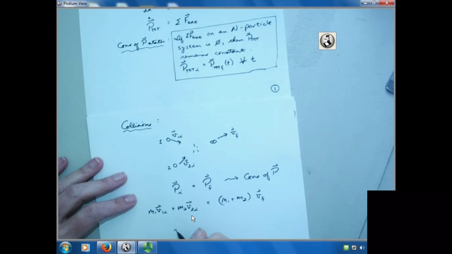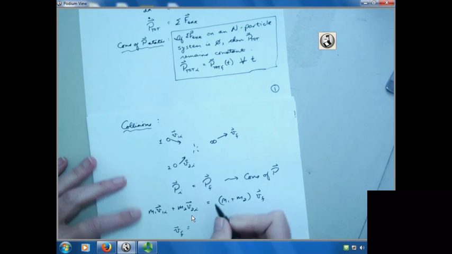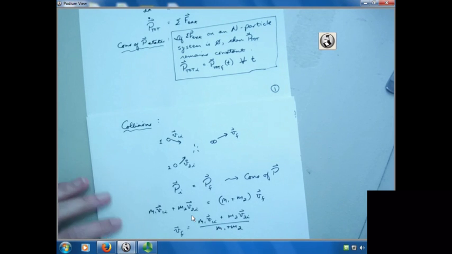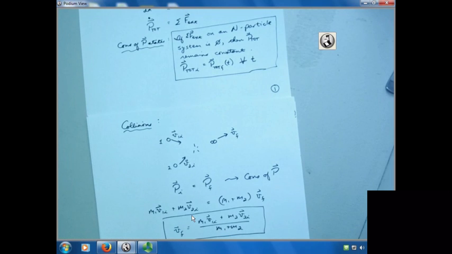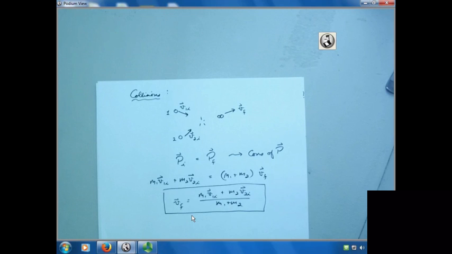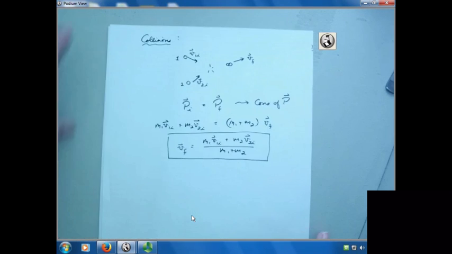And if you wanted to, you could solve this for v final like your author does, and you get m1 v1 initial plus m2 v2 initial over m1 plus m2. That type of thing. So that's just a walk down memory lane, I assume. But nonetheless, that's what conservation of momentum is often applied to, is collisions.